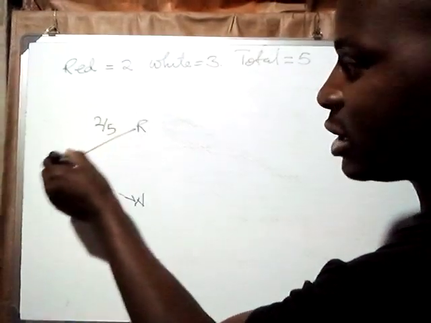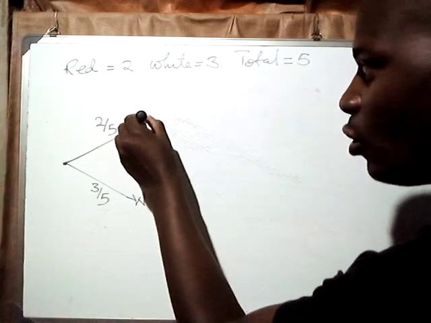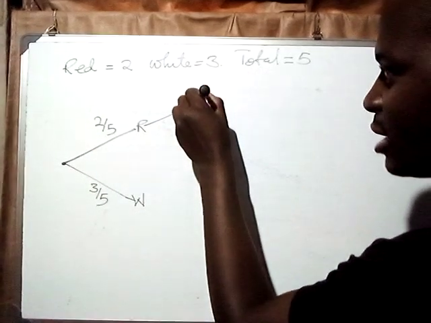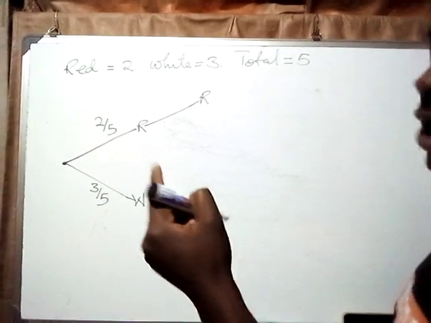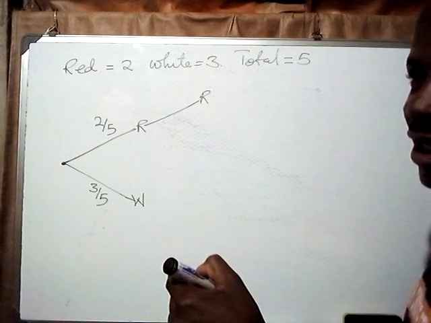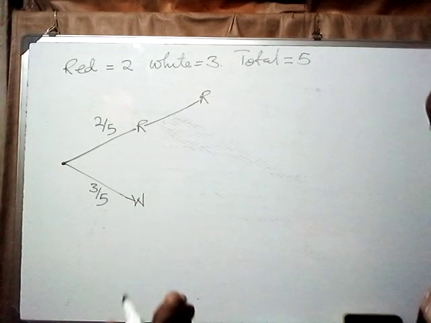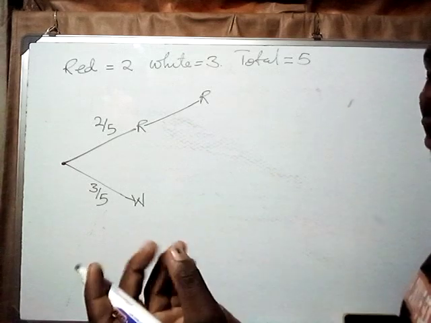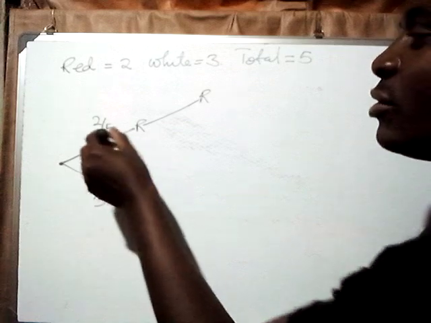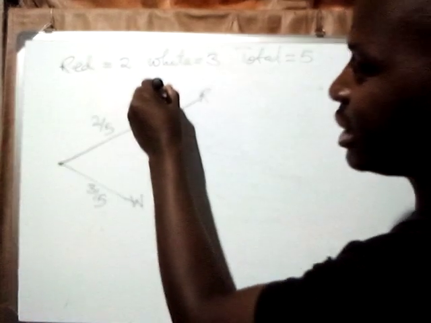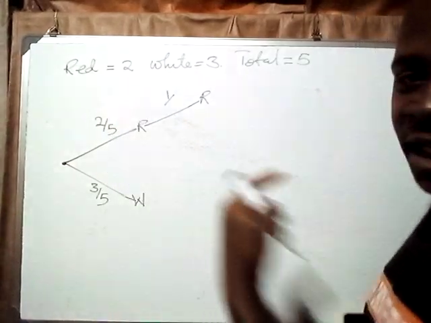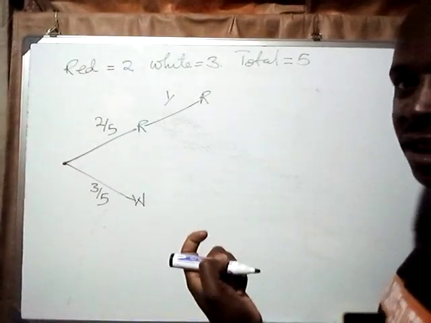Now the second one. Remember this one is for red, so the continuing branch, the one which will be straight like that, will be for red. Now, when one was picked, it was not replaced. If the bead which was picked is red, meaning the red in the bag has remained 1, because it was 2 initially, 1 has been picked and not replaced.